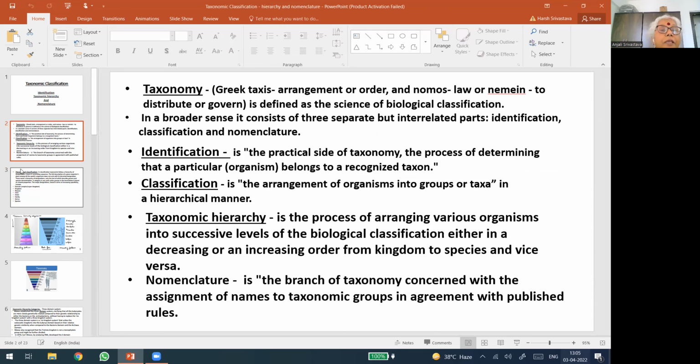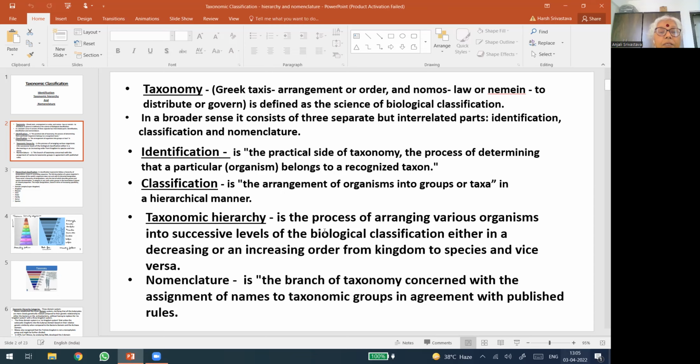So overall, we can see the classification process involves three steps. The first is identification. Second is classification in a hierarchical manner, into the different taxa, either from the highest to the lowest in a decreasing manner, or in increasing order, from species to the kingdom or the domain.